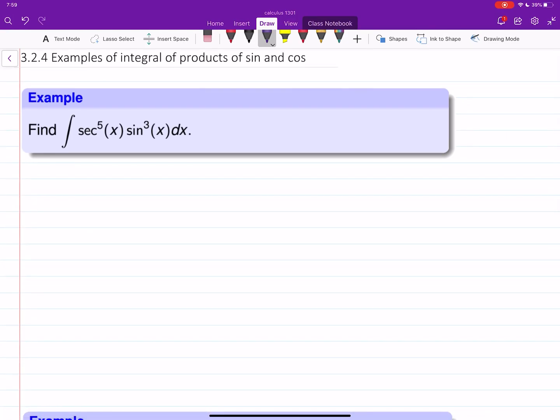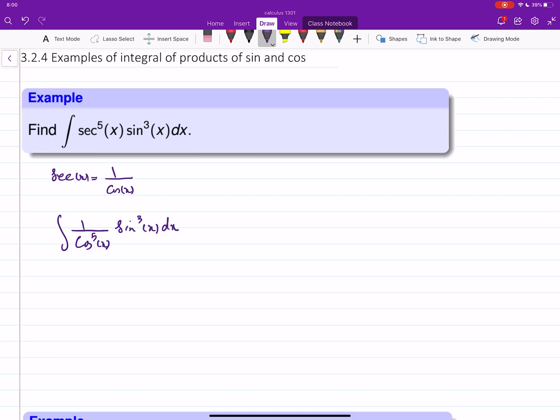Here I have secant to the power 5 times sine to the power 3. Well, remember that secant x is 1 over cosine x. So in other words, our integral is sine to the power 3 x over cosine to the power 5 x.